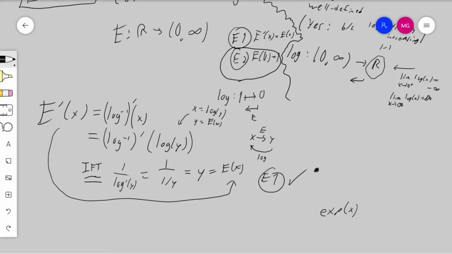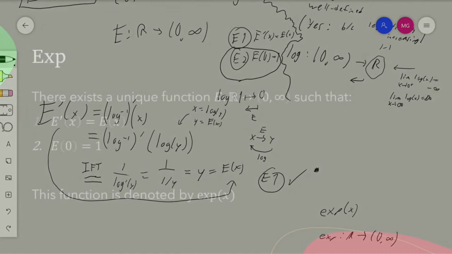So exp is mapping the reals to the positives. So now we can go back to the slides and continue discussing the properties of the exponential function.